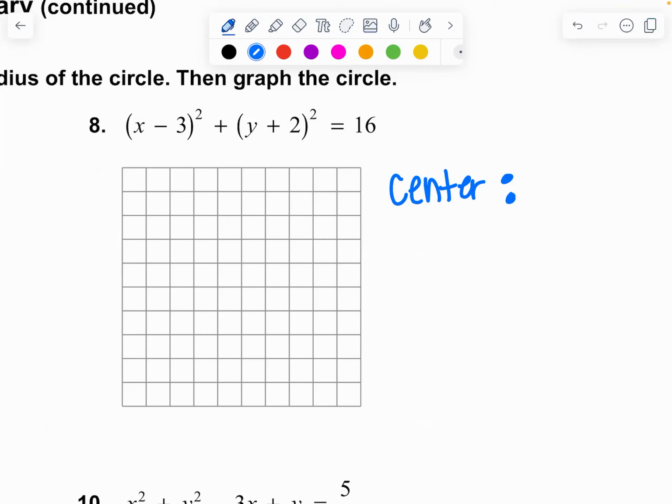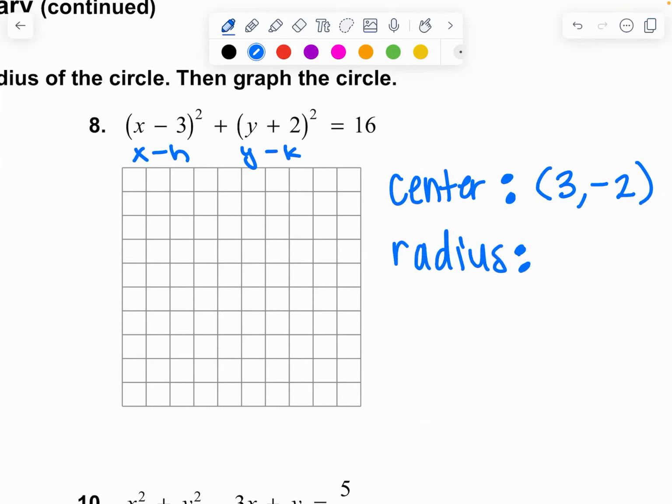Somebody said -3, 2, and somebody said 3, -2. Who's right? x minus h, y minus k. All right, what's our radius? What'd you say, Alexa? Our radius is 4.